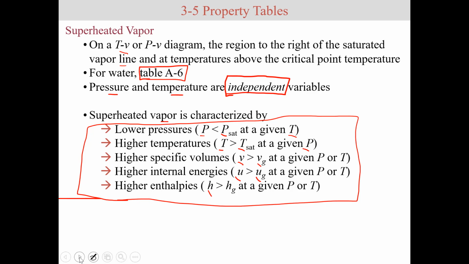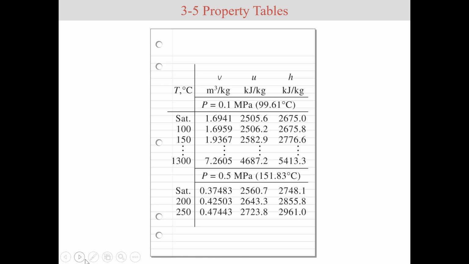All right, so let's look at a little example of a superheated vapor. This is an excerpt of table A6 from the back of your books. It's divided into regions. Here the tabulated values for temperature start at the saturation temperature corresponding to a specific pressure.